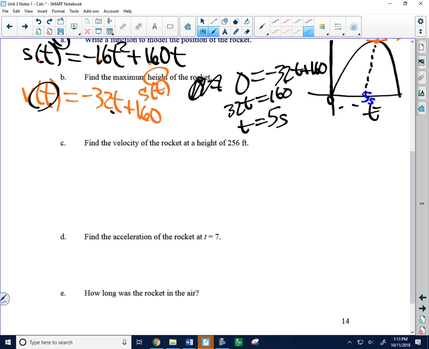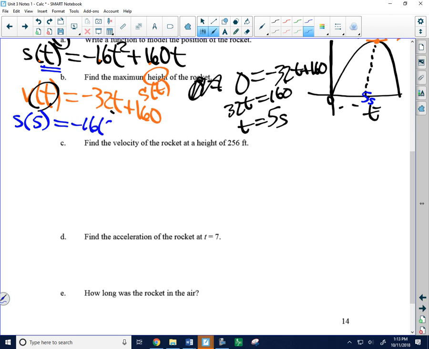So what I need to do to finish up, I have the time, and if I want the height or the position, I just put in 5 for t. So really, I need to do S of 5, the position at 5 seconds.